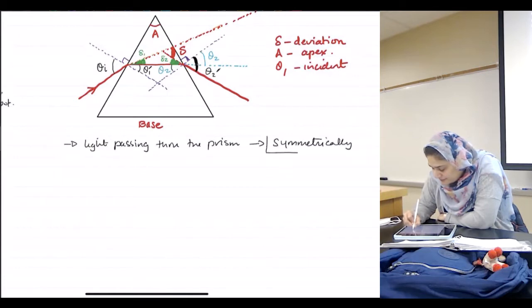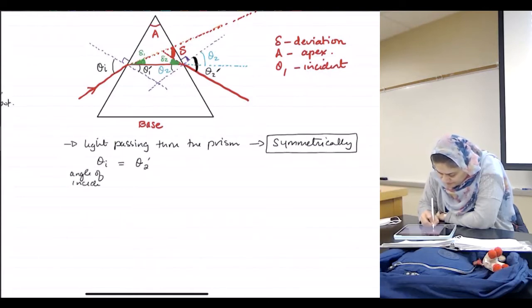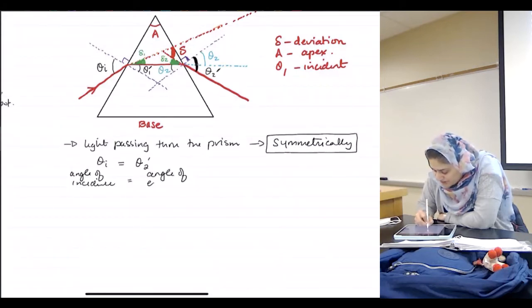What does that mean? That means theta I or theta 1 is the same as theta 2 prime. So angle of incidence equals angle of emergence.